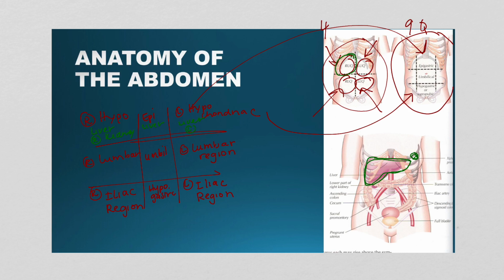The left kidney. But then, interestingly enough, that left kidney, guess where it's also going to live? It's also going to live in the left lumbar region. So that left kidney will live there, and that right kidney will live here.